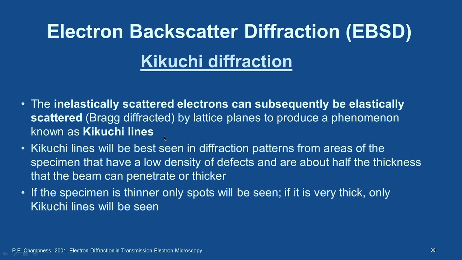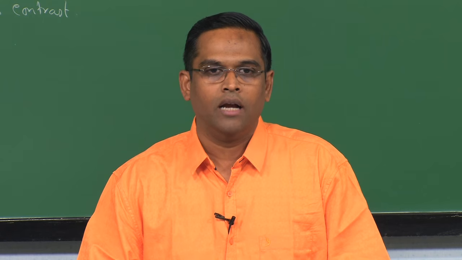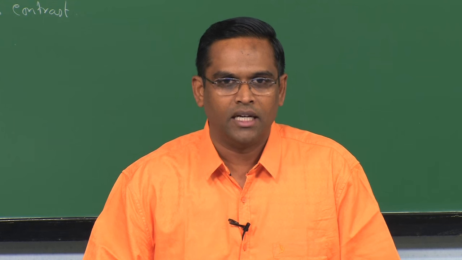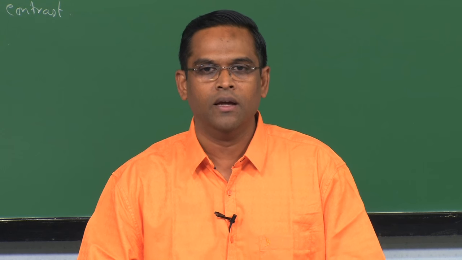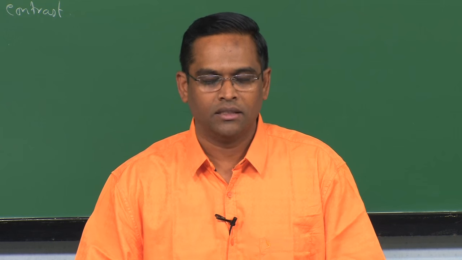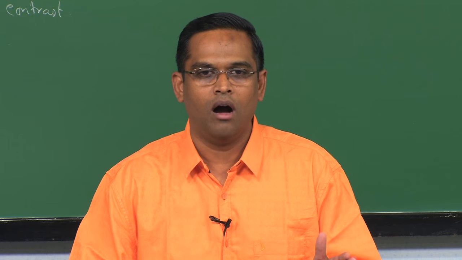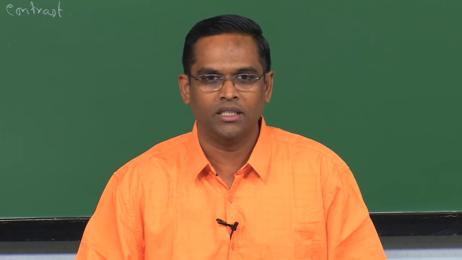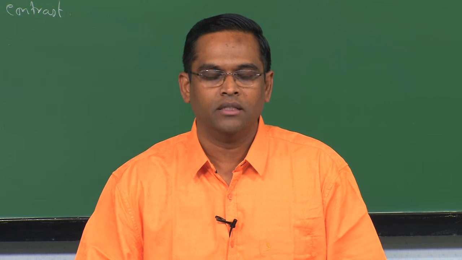So, all these signals we get from this SEM are because of inelastic scattering, and when the inelastically scattered electrons are subsequently elastically scattered, or Bragg diffracted, by the lattice planes, this produces the Kikuchi lines.